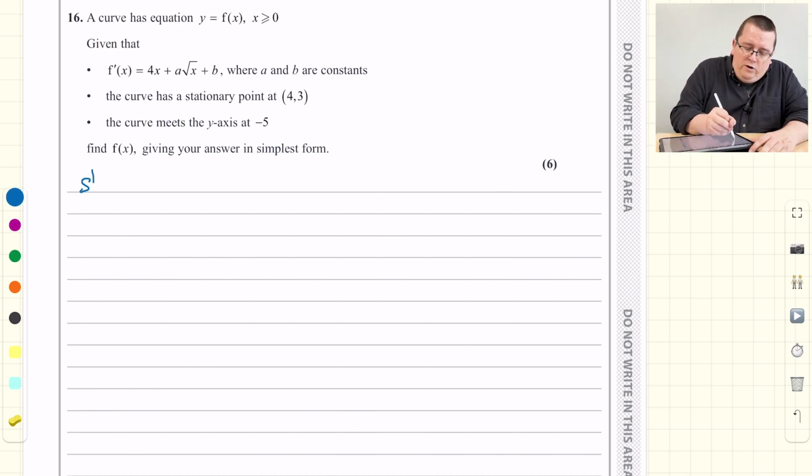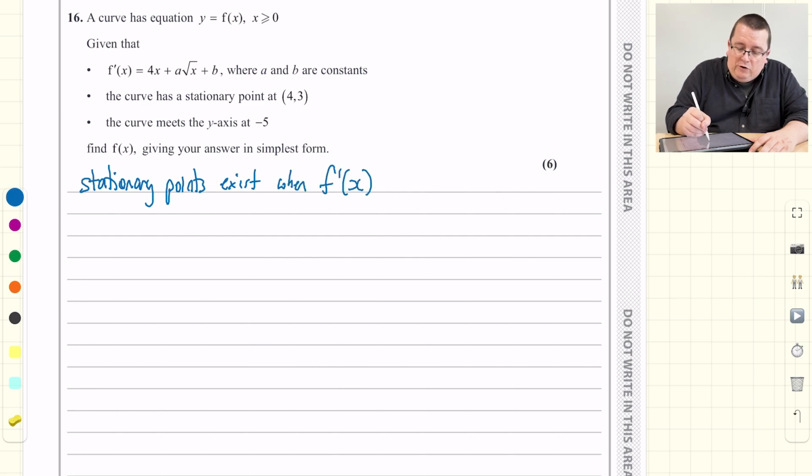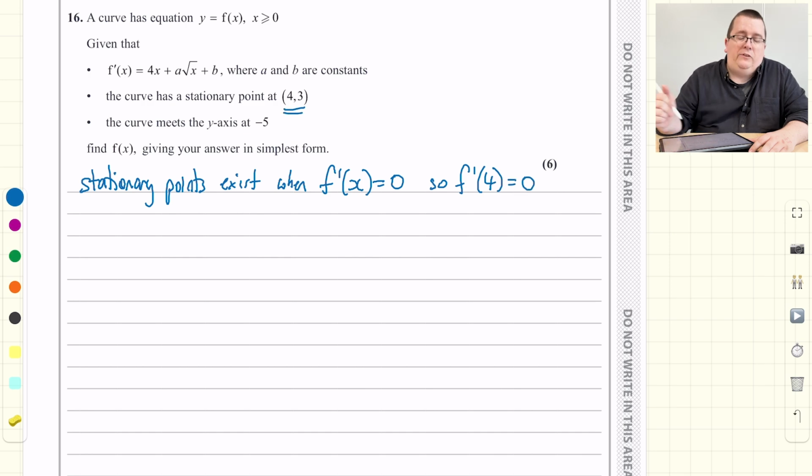So we know that stationary points exist when f prime of x is 0. So we know that f prime of 4 is 0 because we know that there's a stationary point at 4, 3.